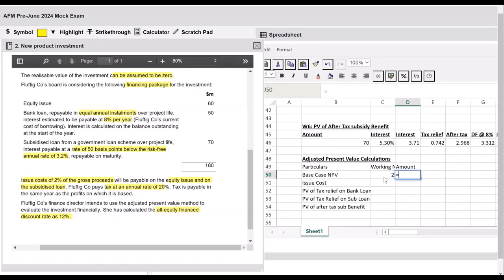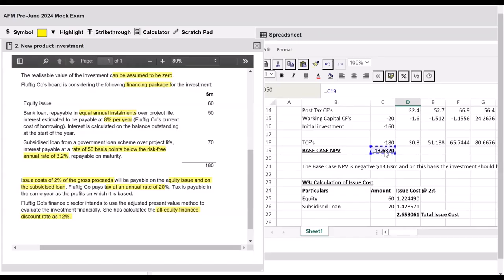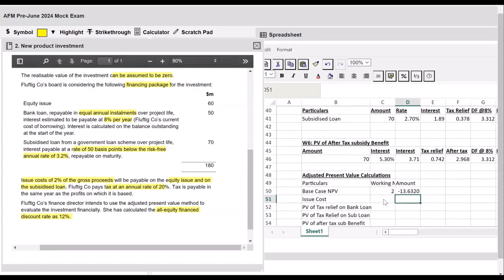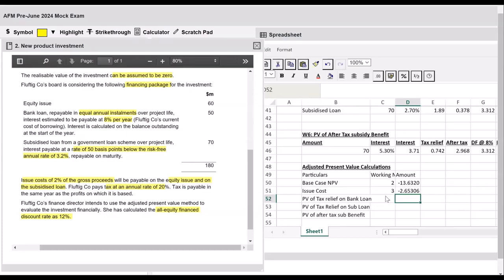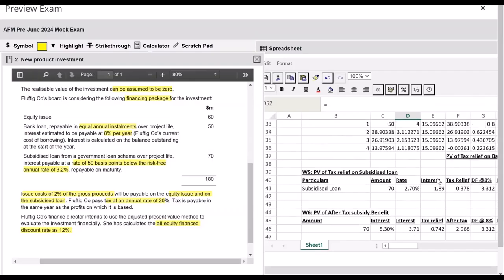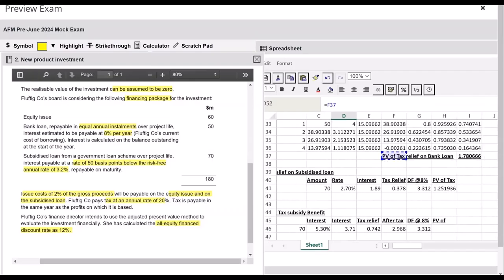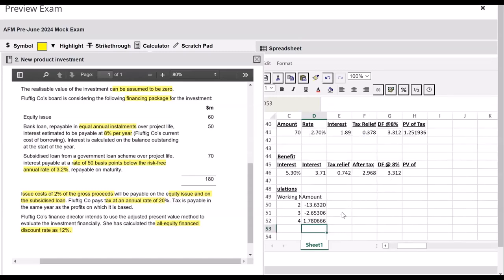Working note number 2, base case NPV, go select that cash flow, and it's negative. Next one, issue cost. Working note number 3, go pick that up, again negative. Issue cost picked up. Now working note number 4, present value of tax relief on interest, picked up as well.